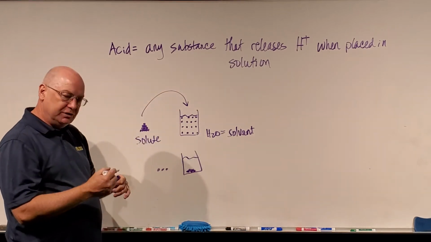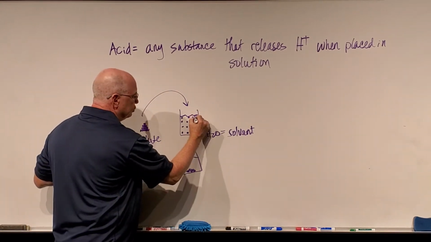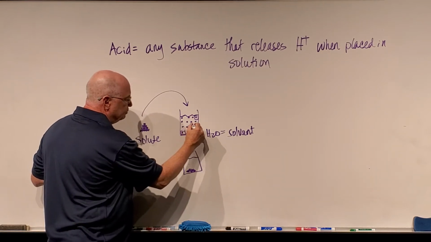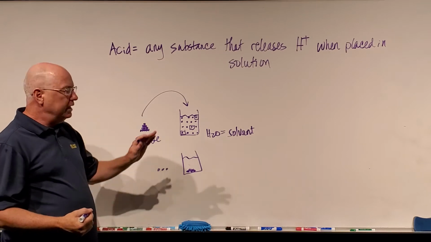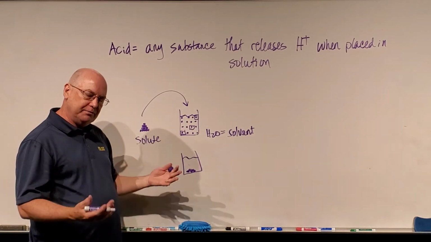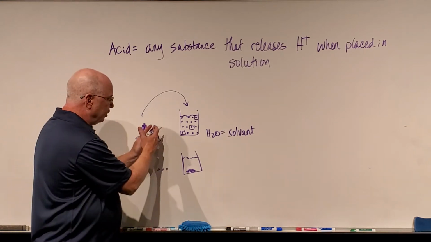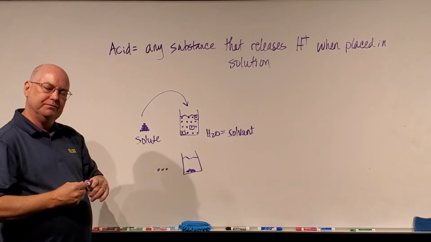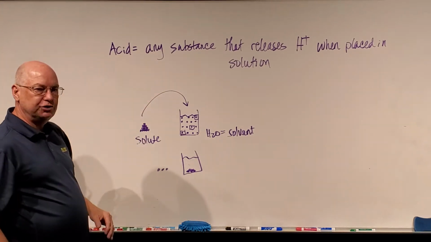What that means is, if I take a little sample from this corner, and I take a little sample from this corner or from any spot in there, it's going to have roughly the same number of solute molecules in that part of the solution. So the solute becomes uniformly distributed or equally distributed throughout, so to speak. So that's what a solution is.